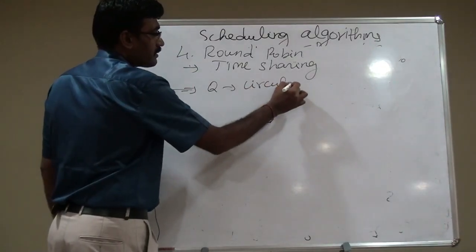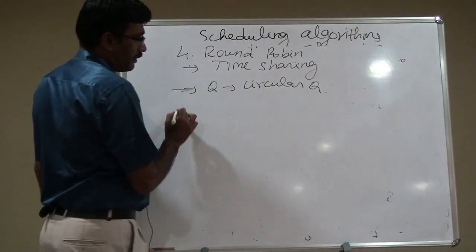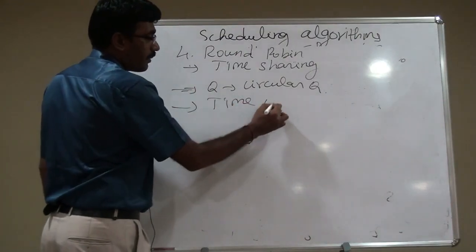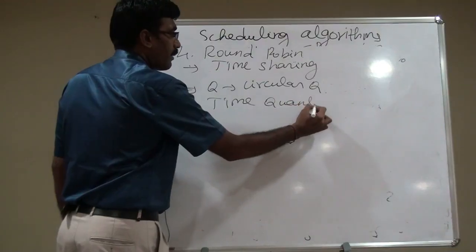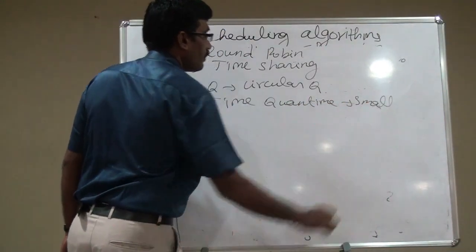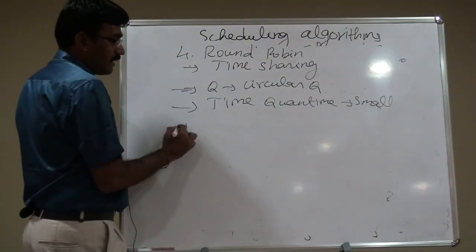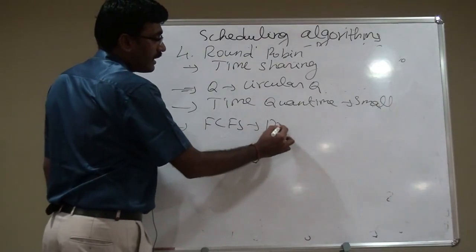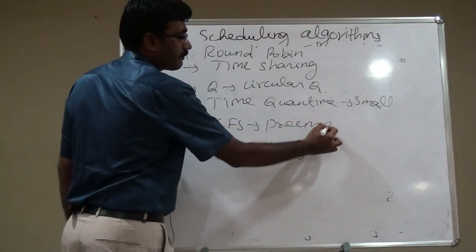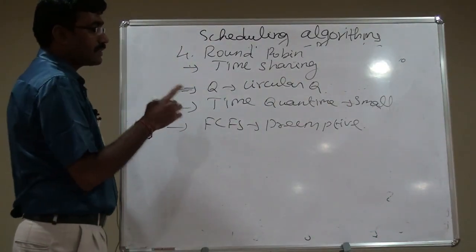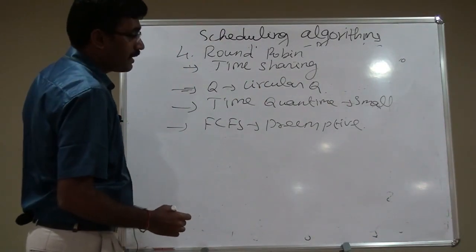Round robin works based on the time quantum. Time quantum is a small unit of time. Round robin is similar to FCFS, but here the preemptive concept is added.